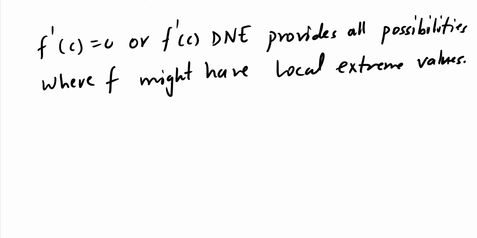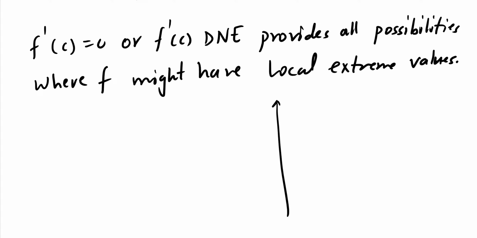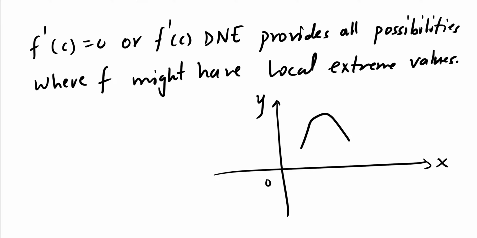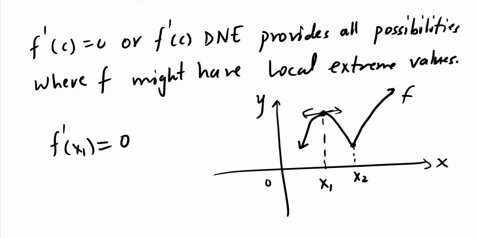Okay, I wanted to show another example on top of the ones that I showed earlier. Let's say we have something like this. At this number, let's call it x1, and then there's another number, x2. These two x values are important. What do you see here? At x1, there's a horizontal tangent. Call this f. So f prime at x1 is 0.